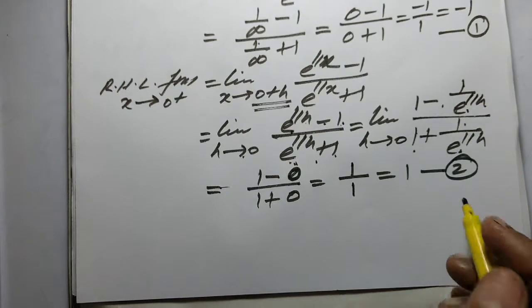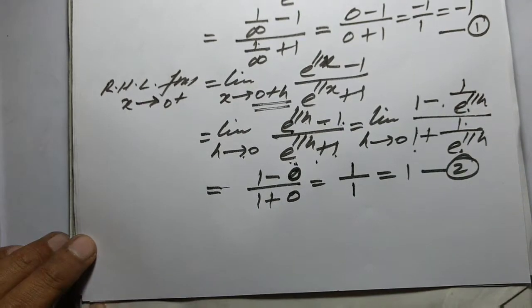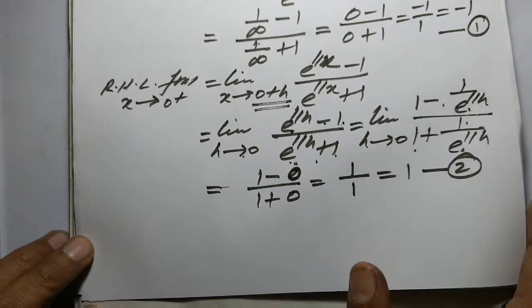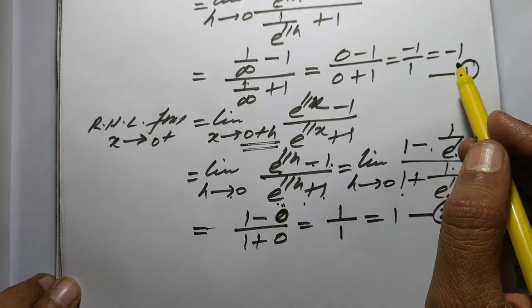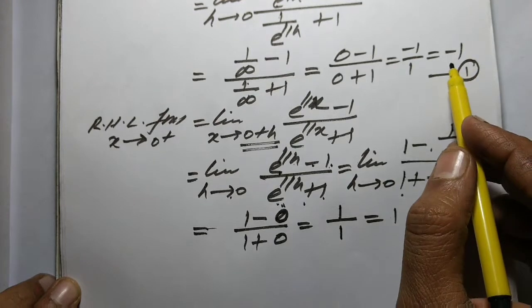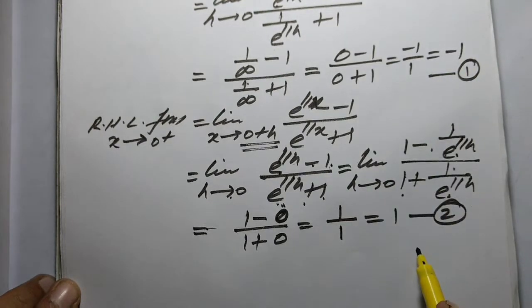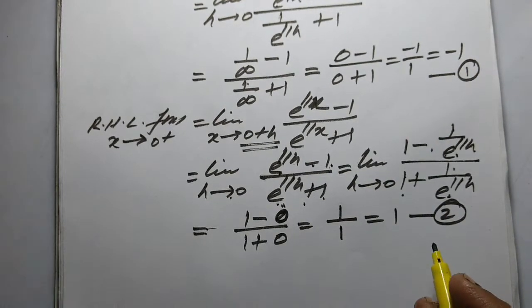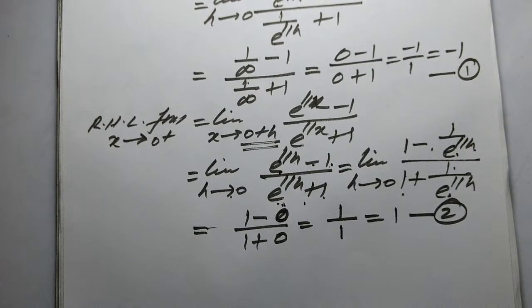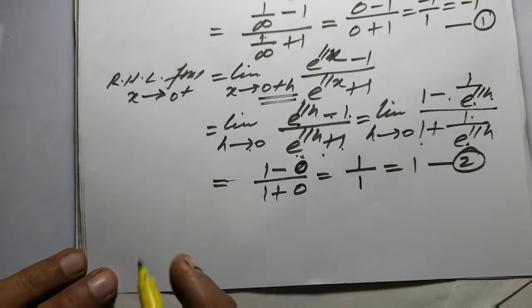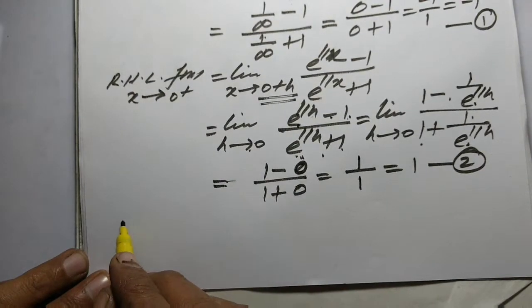So if we compare the left hand limit and right hand limit values from equation number 1 and 2, we get that both have different values. Left hand limit is equal to minus 1 and right hand limit is equal to plus 1. So left hand limit of f(x) is not equal to right hand limit of the function at x = 0.